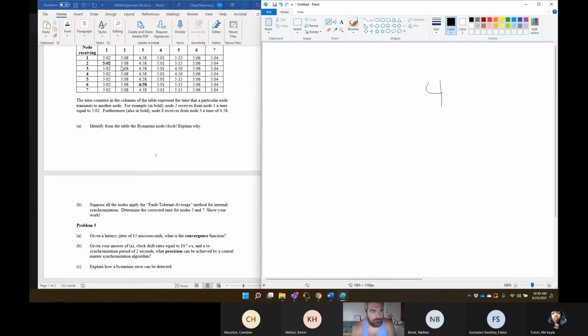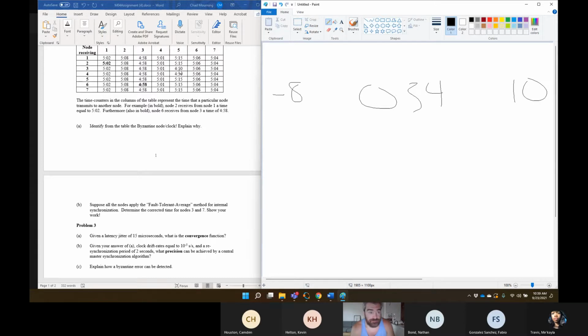Clock 2 is plus 10. Clock 3 is itself, so it's 0. Clock 4 is plus 3. Clock 5 is minus 8.